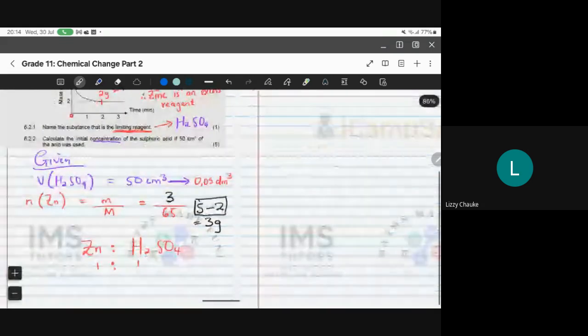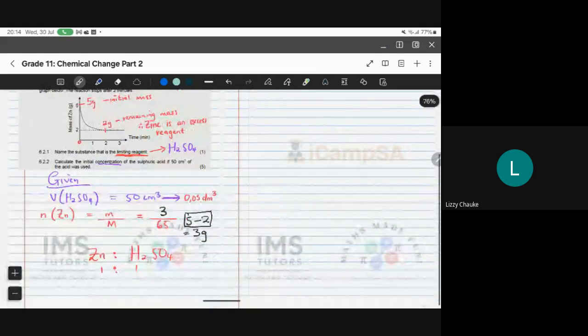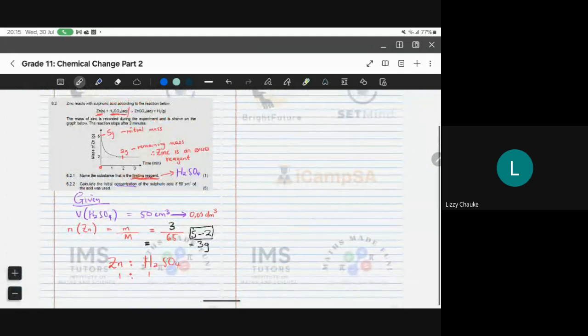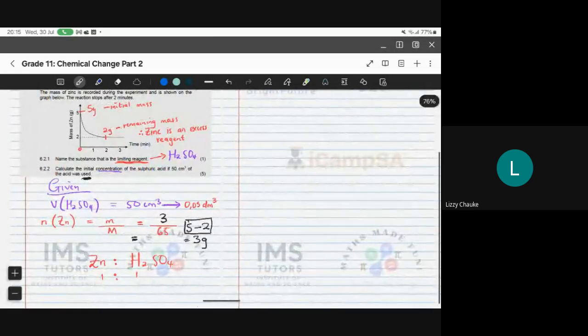So now we have 3 divided by 65. That is actually the number of moles that reacted. So then we'll use that number of moles that reacted to calculate how much H2SO4 was used, because the question was asking how much H2SO4 was used. So now let's do that.